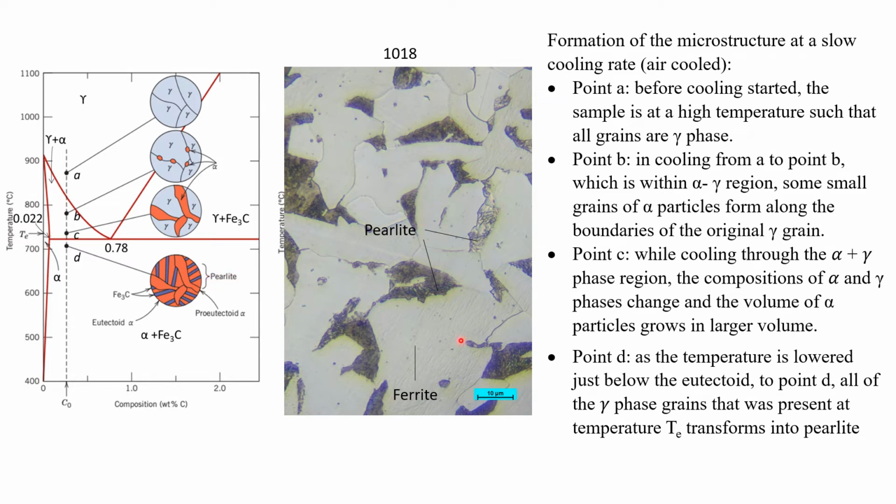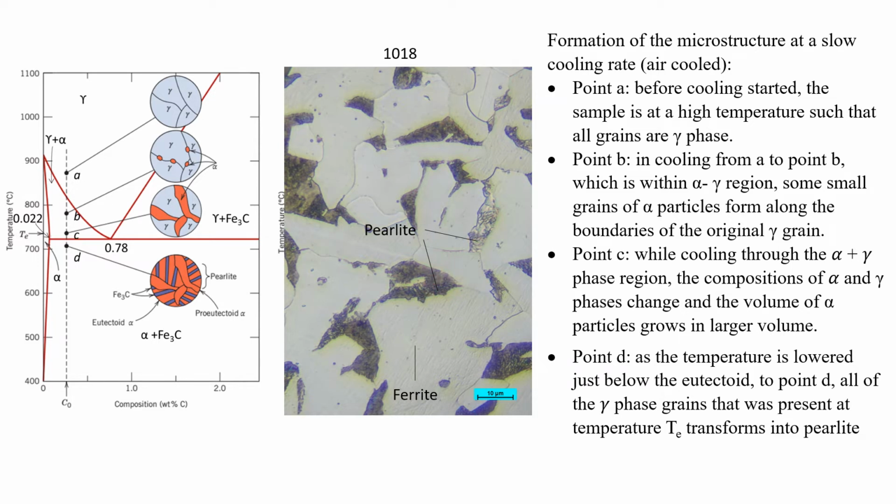Here I show an example of the microstructure we will see, pretty much an example of this diagram. The white regions are the ferrite, alpha phase, and then you can see some dark regions with the laminar structure, which is the pearlite.